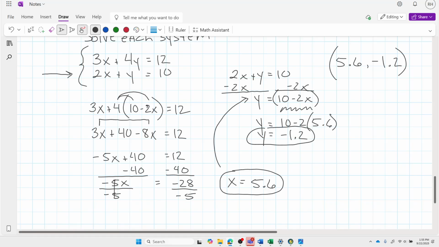And obviously that would be hard to do in your head, 10 minus 2 times 5.6. If you just type it in just like that in your calculator, 10 minus 2 times 5.6, you get negative 1.2.